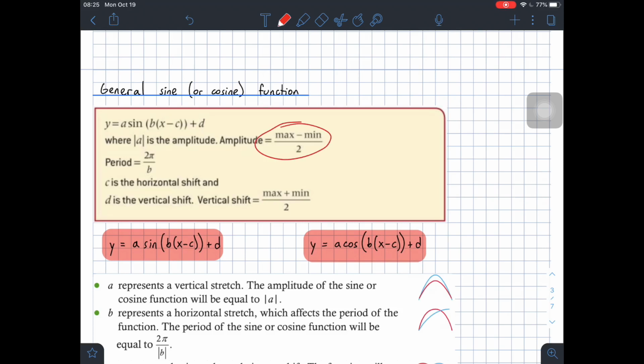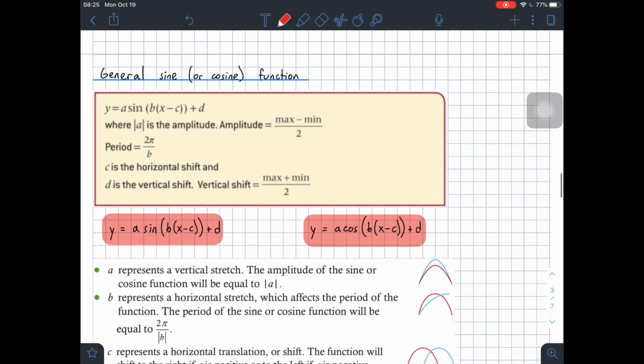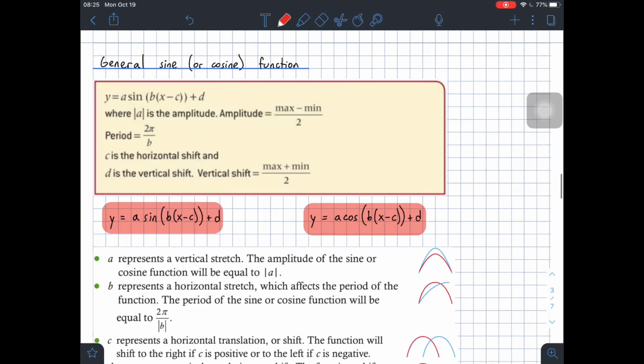Remember that the amplitude can also be found by doing maximum value minus minimum value divided by 2. Then we have the period of the trigonometric function, which is found by doing 2 pi divided by b. Then we have c, which represents a horizontal shift, and finally d, which represents a vertical shift.